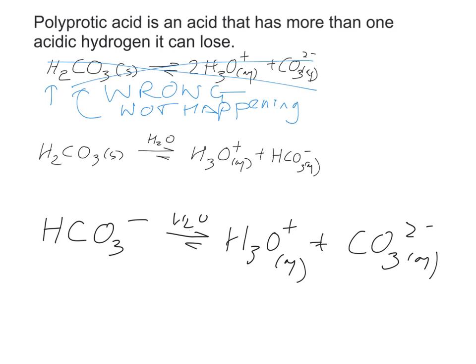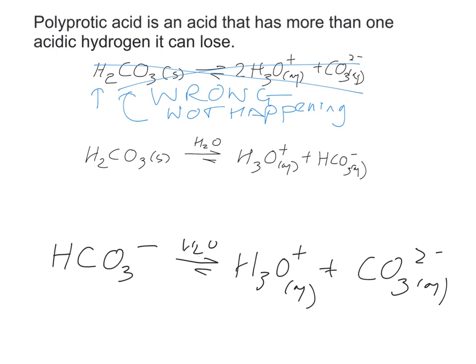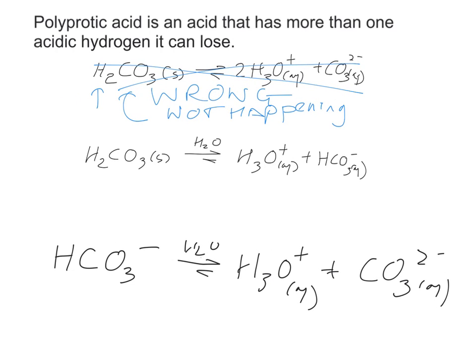There are other factors that play into the inability of this hydrogen to leave, but those are subjects for another day. What you need to realize is that when you have a polyprotic acid, such as carbonic acid, if you start off with 100 molecules of carbonic acid, that first reaction will have, at the end of it, 80 of them staying together, 20 of them breaking up.